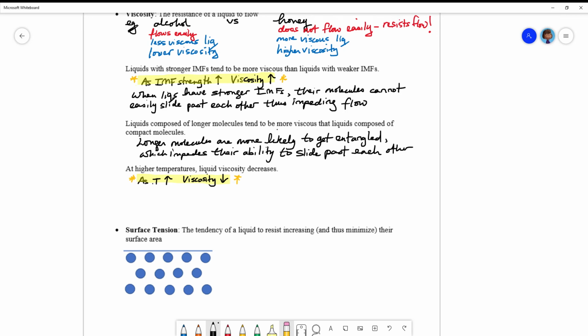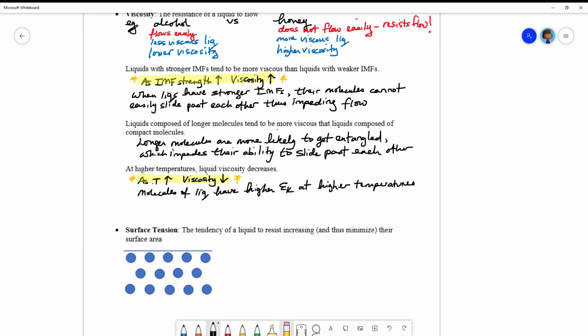So let's note, all right, the molecules of the liquid have higher kinetic energy at higher temperatures.